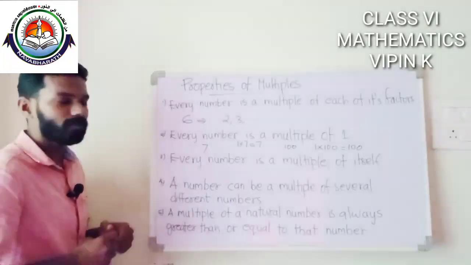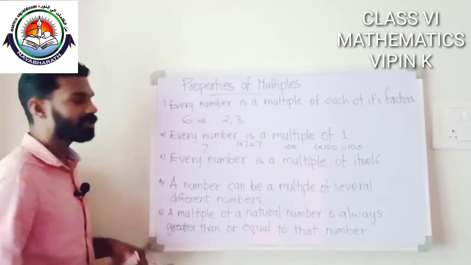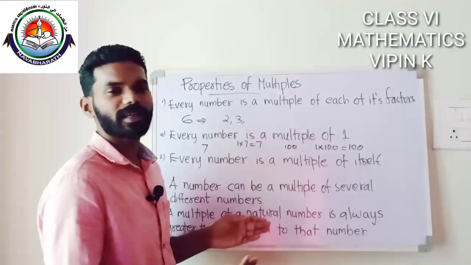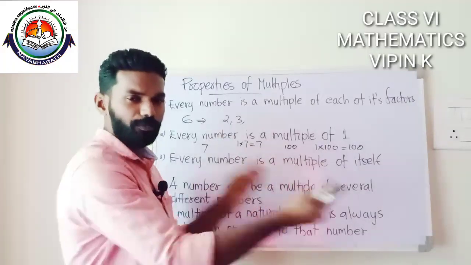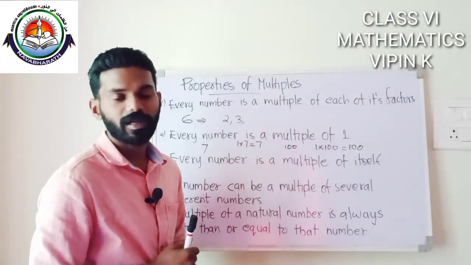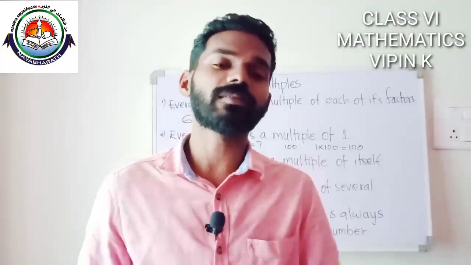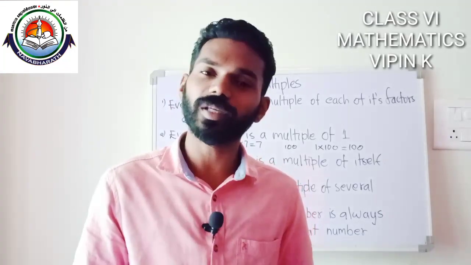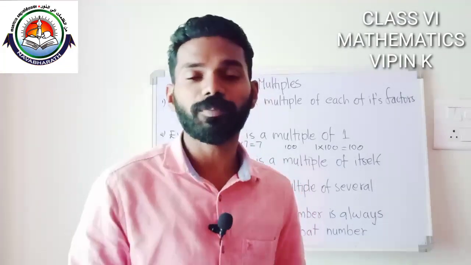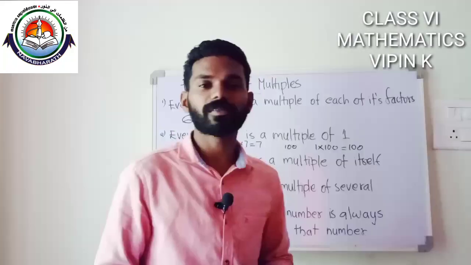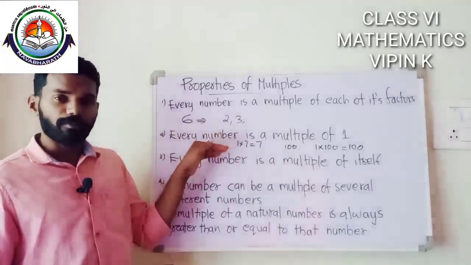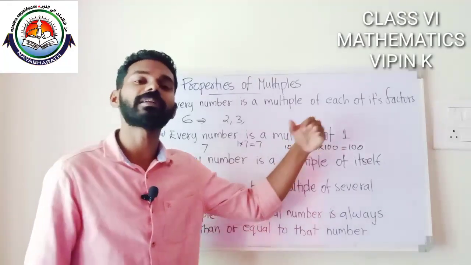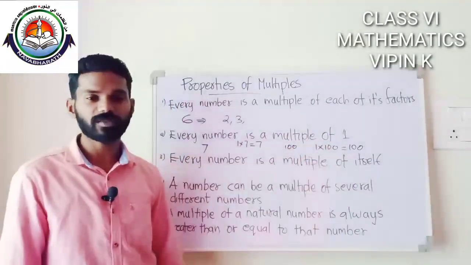So every number is a multiple of 1, or every number can be written as a multiple of 1. How can you write the number 23 as a multiple of 1? 1 into 23 is 23 itself, which means the 23rd multiple of 1 is 23 itself. For every number, that number is a multiple of 1. That is the meaning of this point.